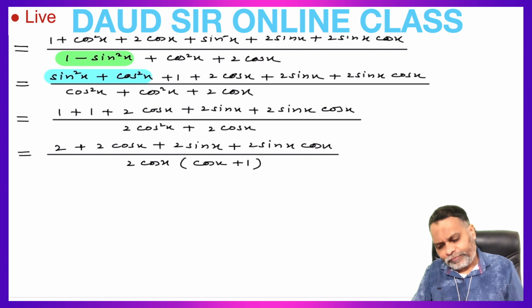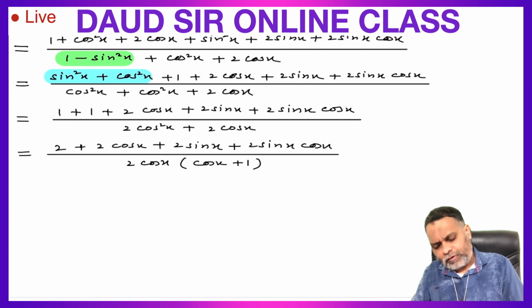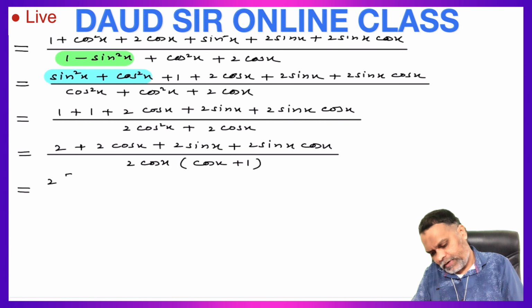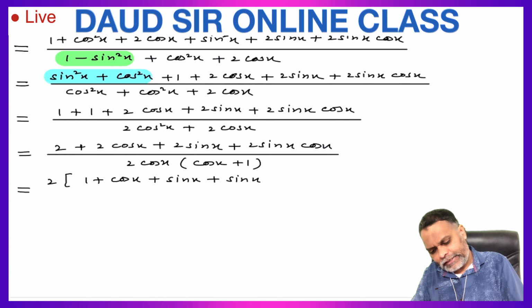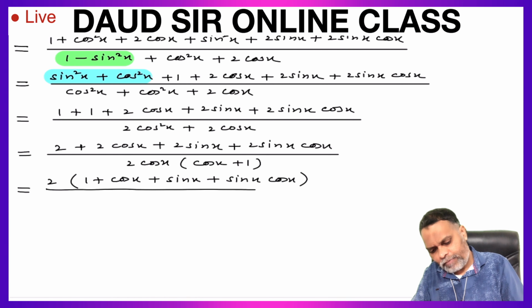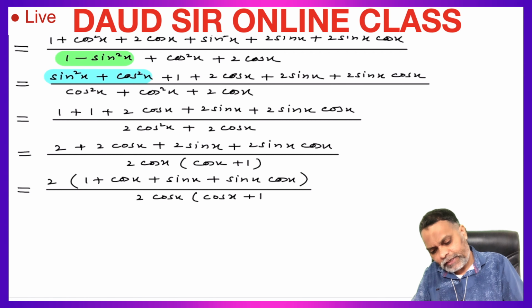In the numerator, first take out 2 common throughout. 2 common, so 1 plus cos x plus sin x plus sin x into cos x, upon 2 cos x into (cos x plus 1). So this 2 cancelled.